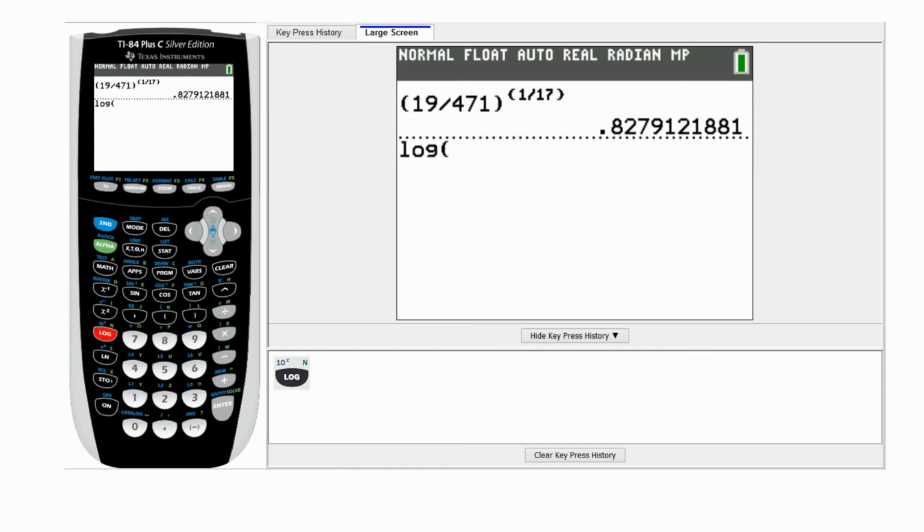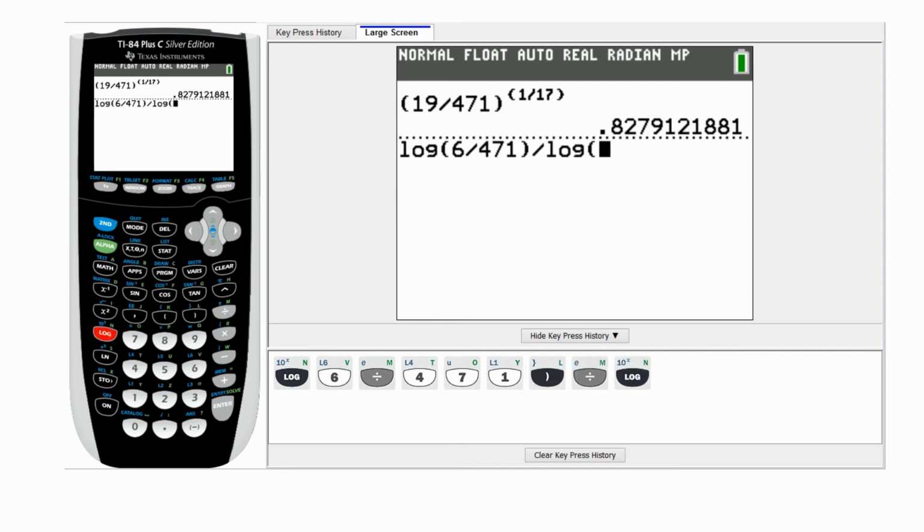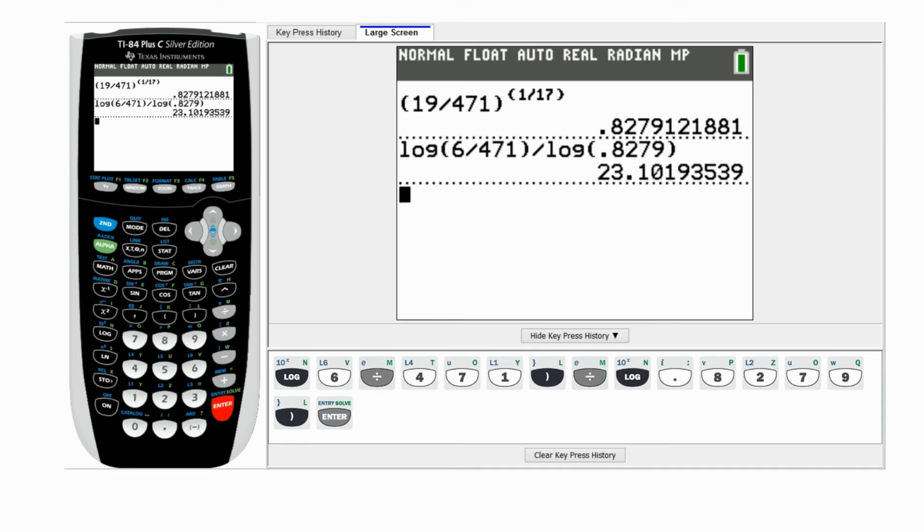So type log 6 divided by 471, close parenthesis, divided by log 0.8279, close parenthesis, enter, and I get 23.10193539.